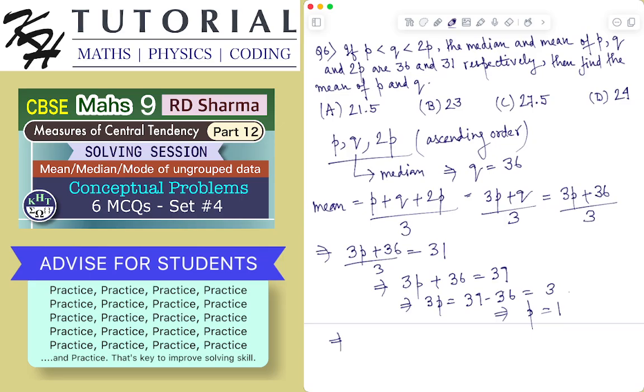It is asking the value of the mean of P and Q. The mean of P and Q is their sum divided by 2, which is (1 plus 36) divided by 2, which is 37 by 2, which is 28.5. So 28.5 should be the mean, and there is no such choice.